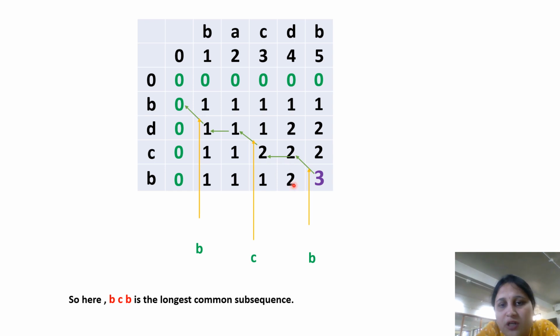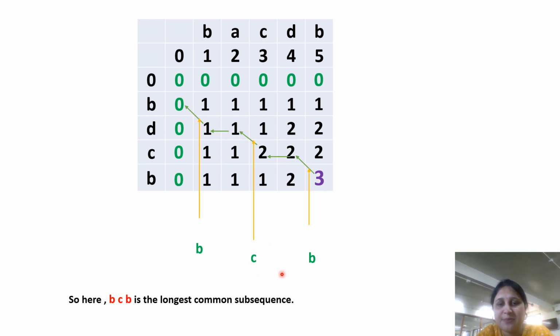Now next, how have we got these two? We have not got these two by adding 1 diagonally, because we have got them from the biggest row and biggest column, whichever is the maximum. So we have got these two from here. So again we'll check how these two have come. These two we have received by adding 1 to this element diagonally. So C has been received by adding 1 to this diagonally present element.